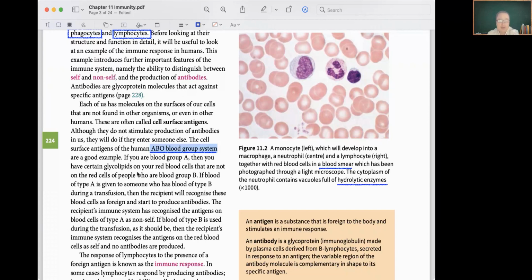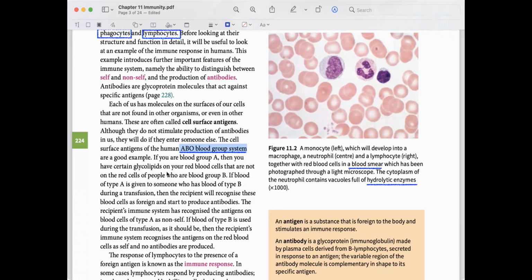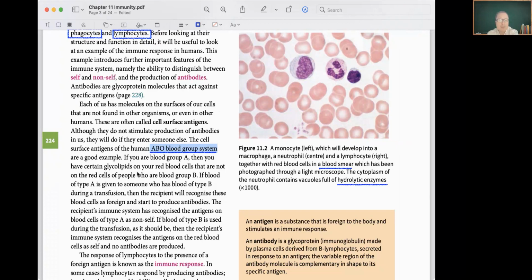If the surface antigen is type B, that's called type B blood. If on the surface of the blood cell there are two antigens, type A and type B, the person's blood type is called type AB. If you have type O, that's to say, there is no antigen on the surface of your blood cell. No antigen.